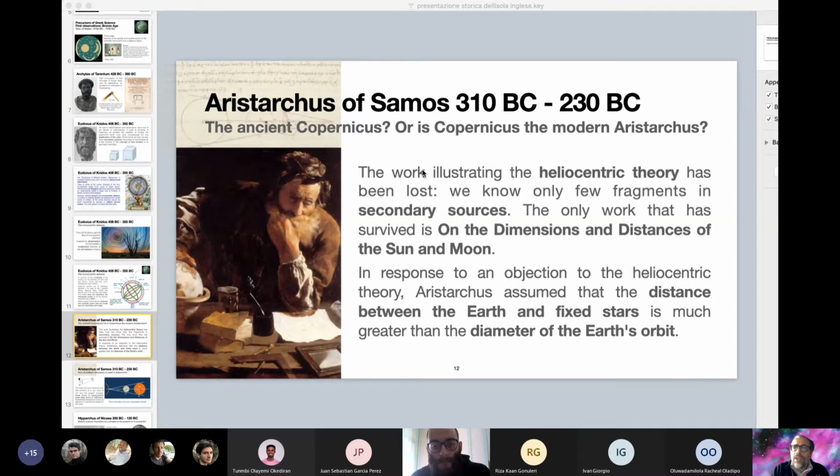Of course, the work illustrating the heliocentric theory has been lost. We know only a few fragments in secondary sources. Okay, so we know in many sources some fragments telling that Aristarchus had invented the model of heliocentric planetary motions.